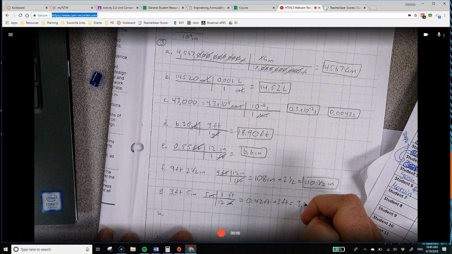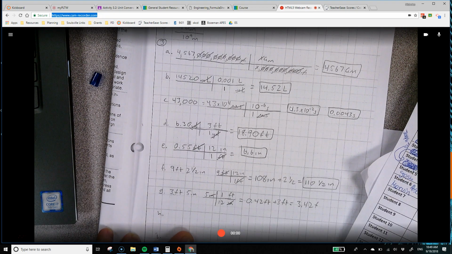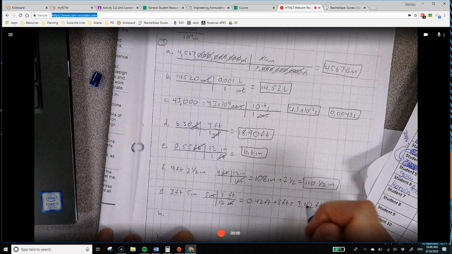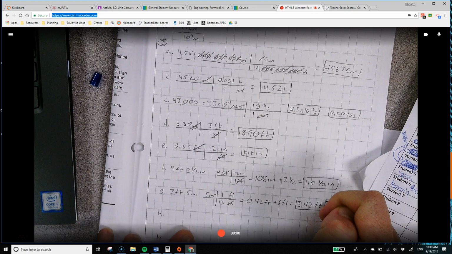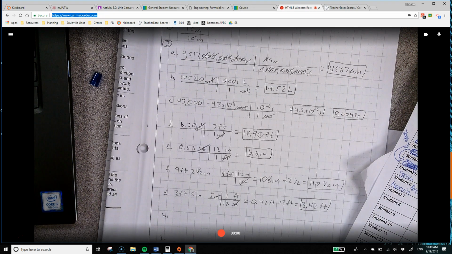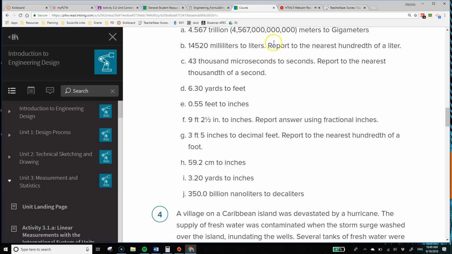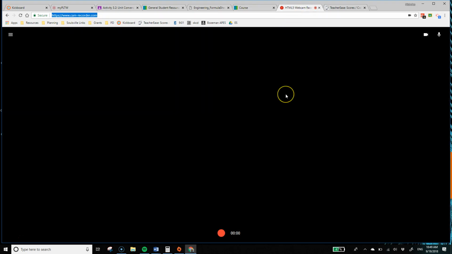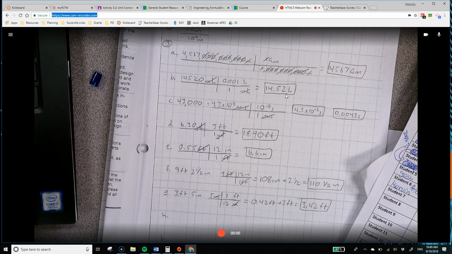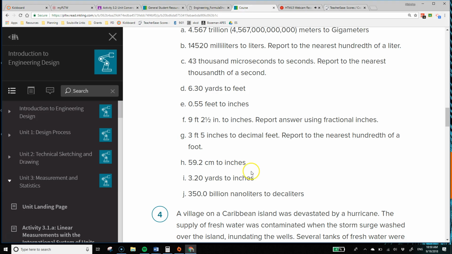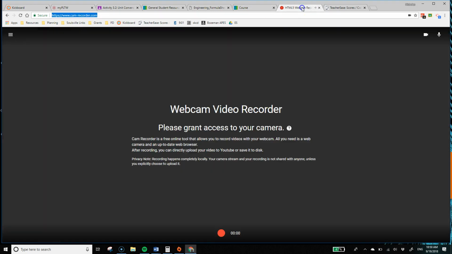So 3.42 feet. I should actually finish writing feet. 3.42 feet is my answer. All right. Moving on. Oh, questions on that one?